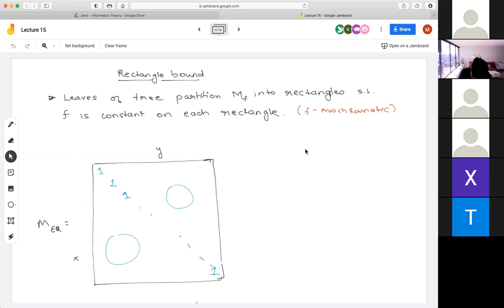Now we can say that the number of leaves in our tree must be greater than or equal to the number of monochromatic rectangles needed for the partition.